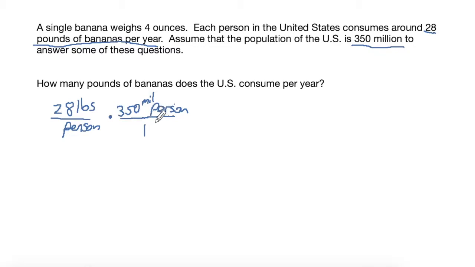And I really don't have a per anything. It's just 350 million people in the population. So the people are going to cancel out, and we're going to be left with how many pounds? So this is a really simple calculation. The only problem is the large number, 350 million.